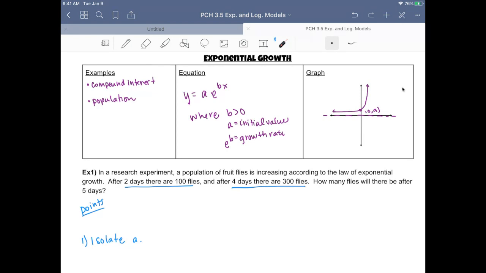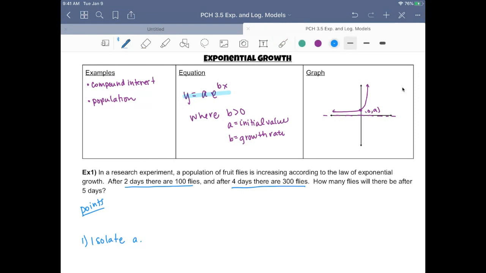So the equation that we're going to use now is y is equal to a times e to the bx, or the rx or whatever variable you apply, where b is greater than 0. The initial value is a, and b is the growth rate.